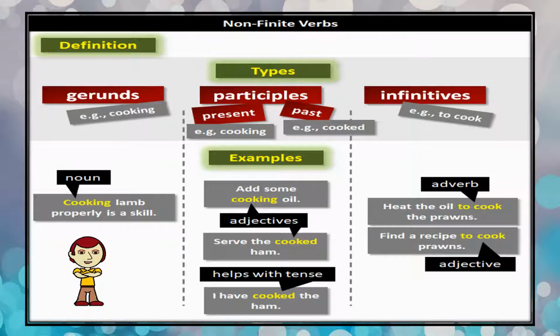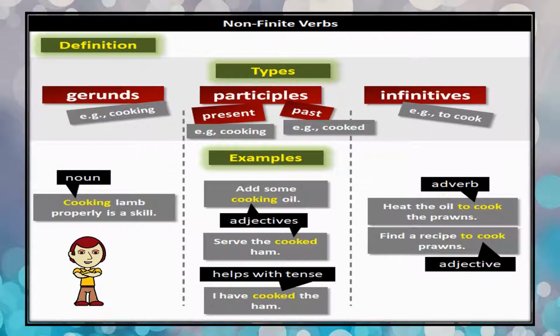As we know, in non-finite verbs there are gerunds, participles, infinitives. So let's see the example related to each. Gerund: cooking lamb properly is a skill.